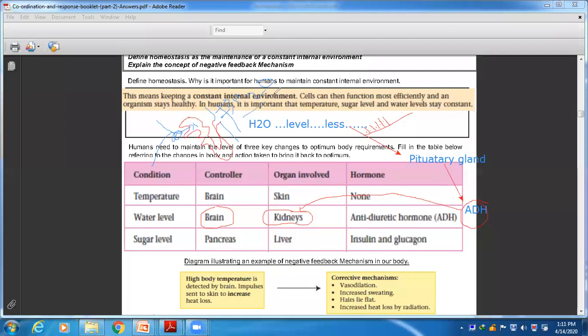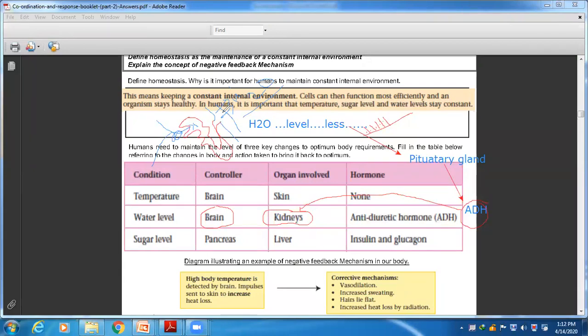In simple words, ADH increases the permeability of the nephron, and more water goes back toward your body, so that it brings the water to normal, because there is a deficiency of water in your body. Is it clear? By this way, it will bring the water to the normal range.